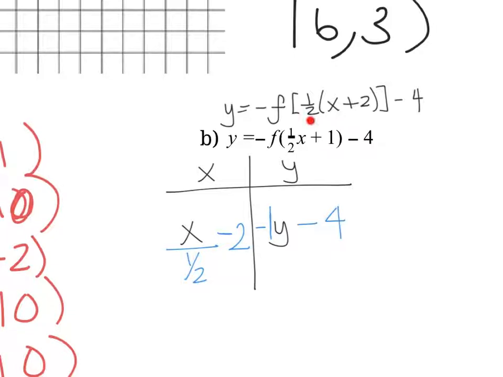After we factored out our k value, we're going to divide the x-coordinates by that k value. We've got a shift to the left 2, so we're taking our x-coordinates and subtracting 2, and finally our entire function, all of our y values, are going to be shifted down 4, and that's why we're subtracting 4. Now go ahead and apply these transformations to the original points and check back.